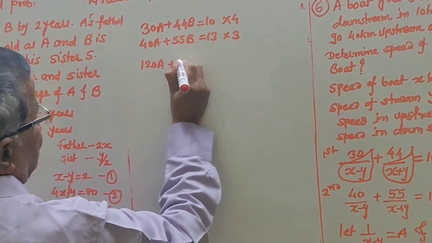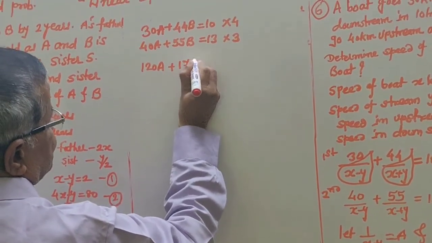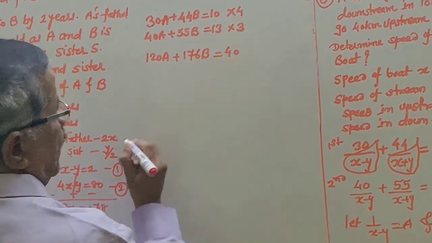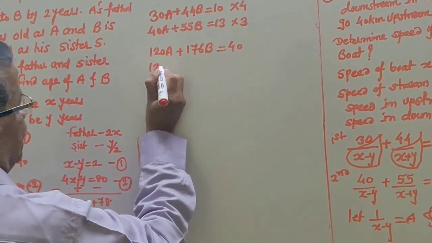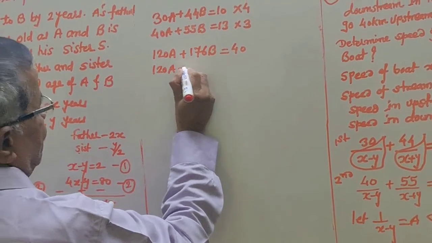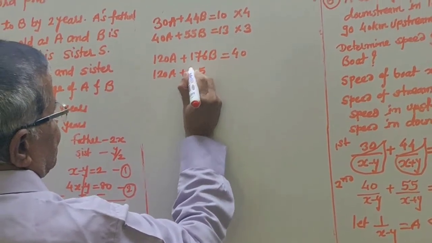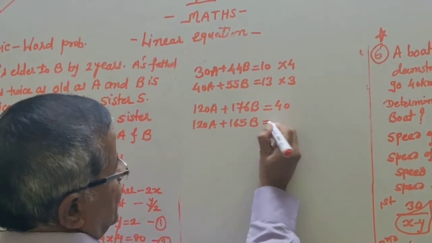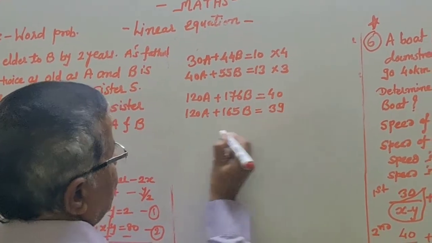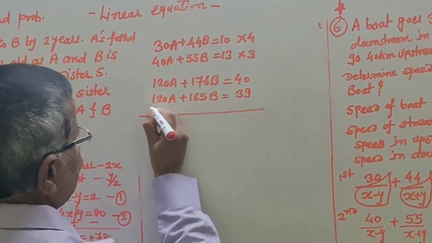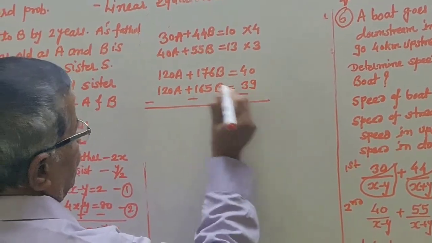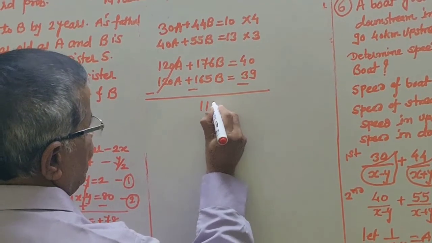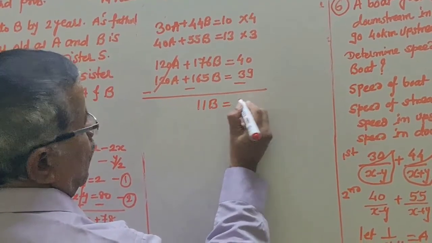Okay. This will be 176B is equal to 40. Okay. Now here I will get 120A plus 165B is equal to 39. Now again I will change the sign. Okay. So this term will get cancelled. What will come here? 11B is equal to 1.